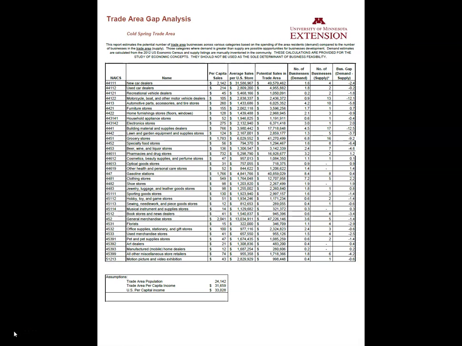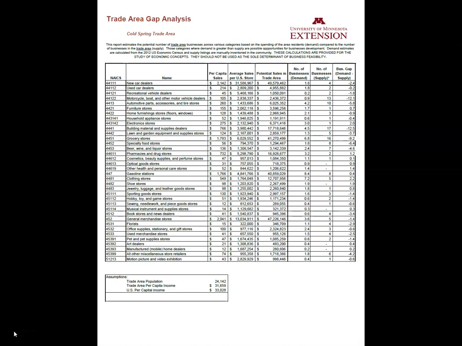So the first row or line in this chart says NAICS, North American Industry Classification System, 44111, just the code. And what we really care about is that it represents new car dealers.